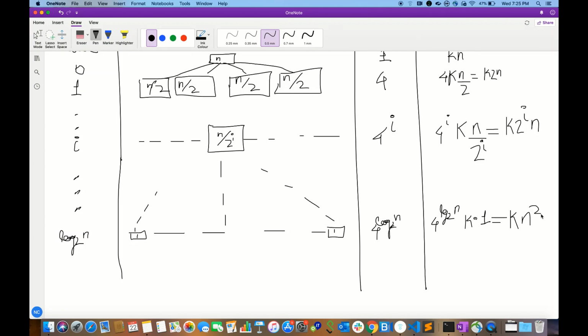Now you might be confused why it gets reduced to k times n squared, because 4 will get reduced to 2 to the power 2 log 2 n.